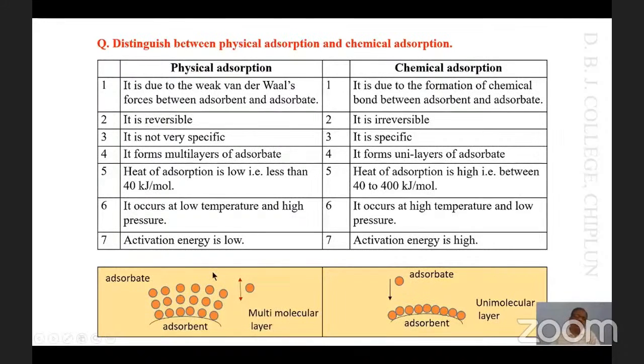Instead of increasing the pressure, if I keep on lowering the pressure of a gas over the surface of an adsorbent, then one by one the adsorbed layers get removed from the surface of the adsorbent.